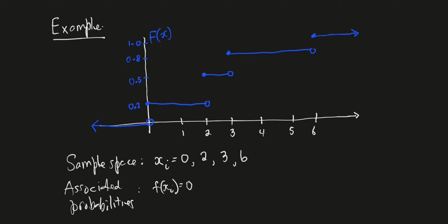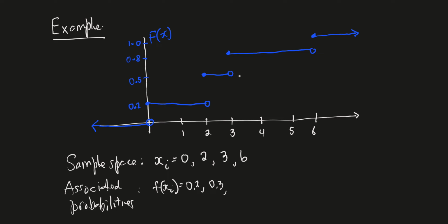So this is 0.2. Then at x equals 2, the function jumps up by 0.3. It's the difference between this big F of x value and this one. So this jump right here, going from 0.2 to 0.5, is 0.3.